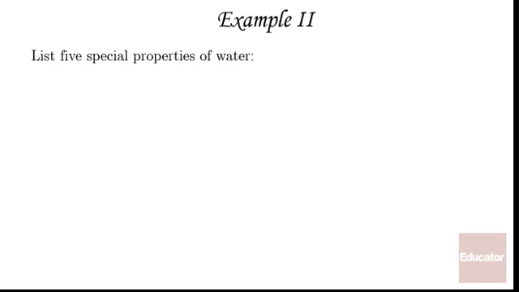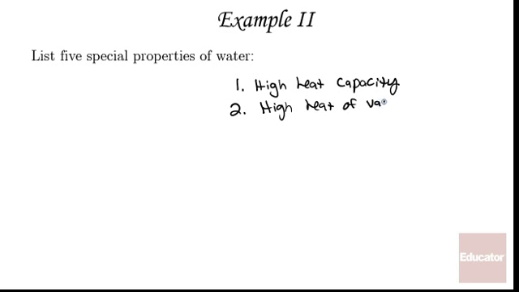List 5 special properties of water. So we talked about why these properties exist. So what are they? Well, first of all, water has a high heat capacity. It also has a high heat of vaporization, or you could call it heat of evaporation.